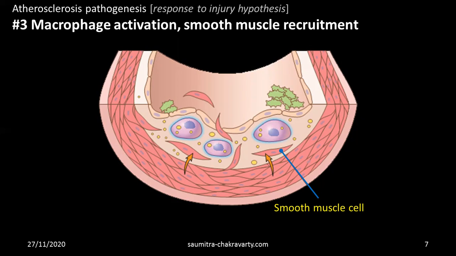This is the thing I was pointing to, and new immunophenotyping methods are being developed to identify if there is an increased circulation of these mononuclear cells, which have the capacity to transform into smooth muscle cells.